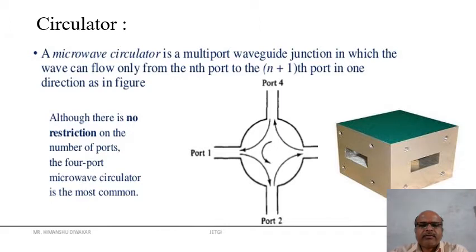When a wave is fed to port 1, it comes towards port 2, then goes to port 3 and then arrives at port 4. Although there is no restriction on the number of ports, the 4-port microcirculator is the most commonly used.